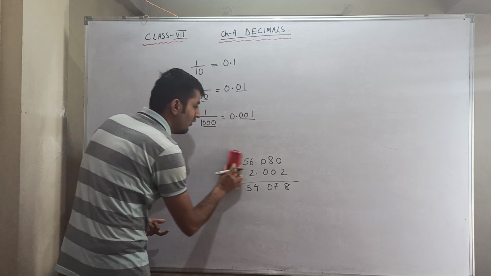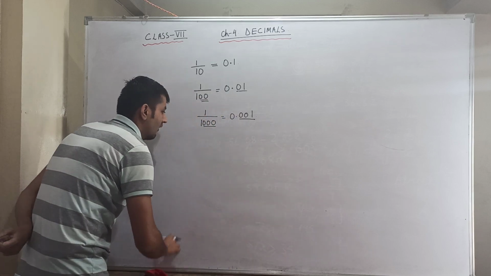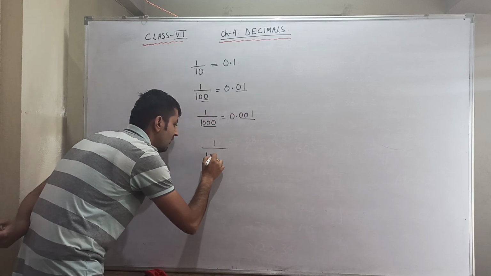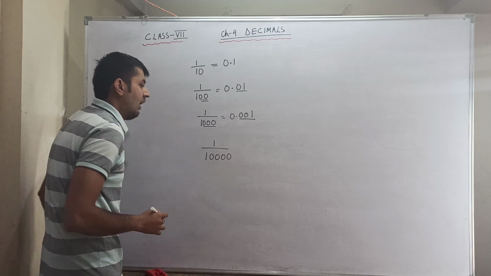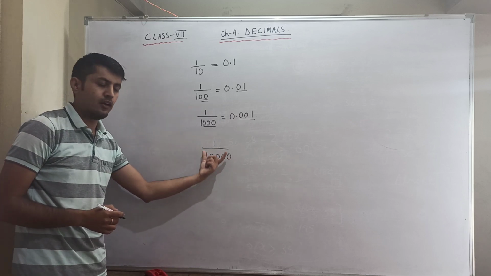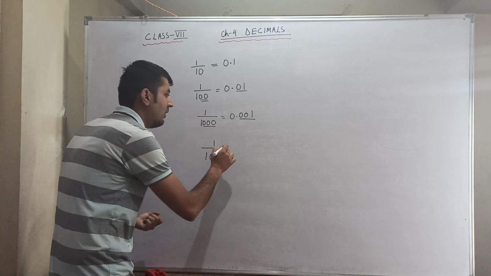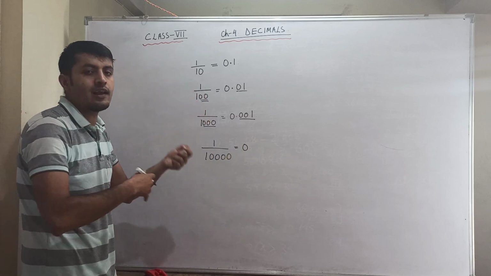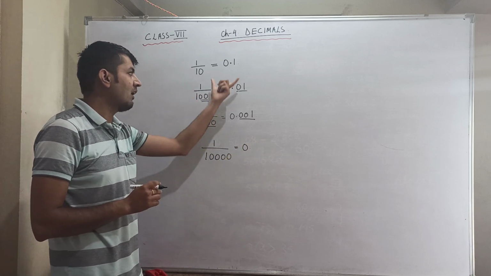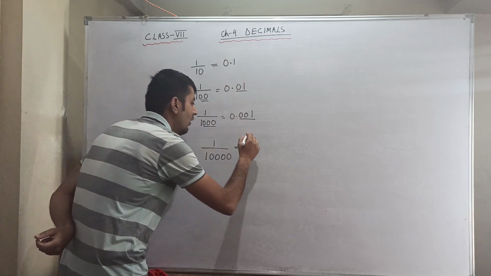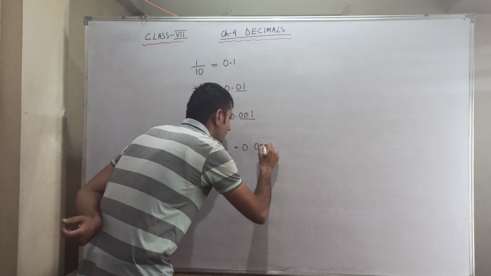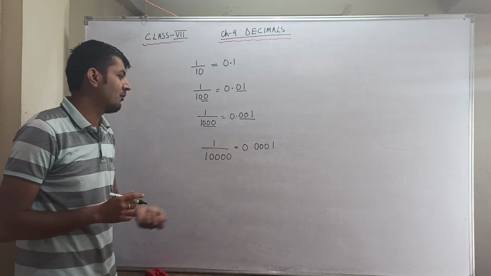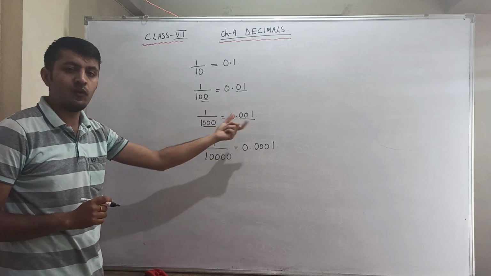So when you do 1 by 10000, how many zeros are there? There are 4 zeros. You don't have to divide exactly; directly you can tell the answer using this pattern. It will become 0.0001.